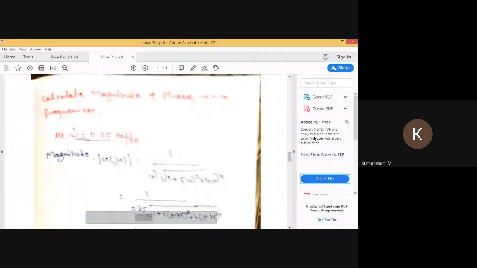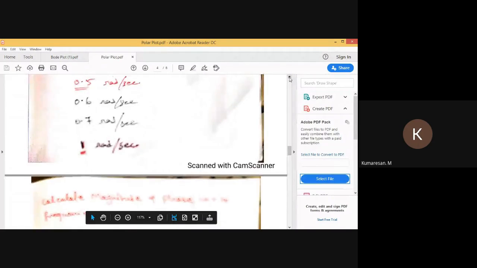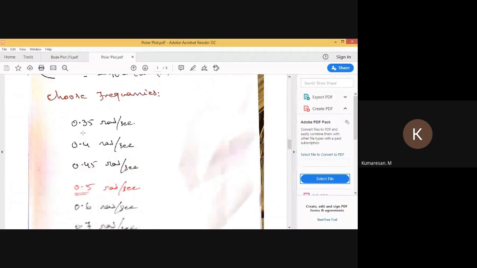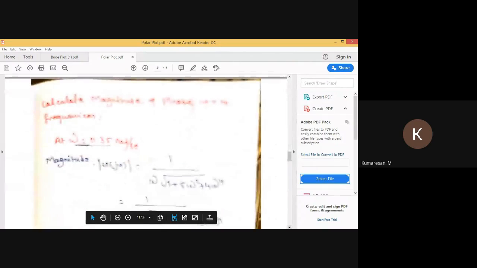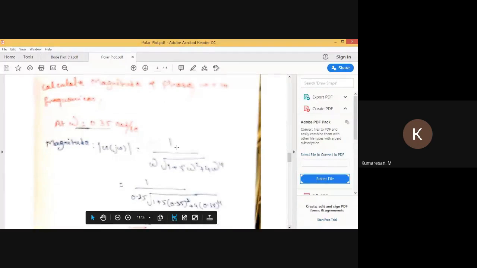Our first frequency is omega equal to 0.35 radian per second. So we put that value. First you find out the magnitude. Already we know the equation for magnitude: 1 divided by omega root of 1 plus 5 omega square plus 4 omega power 4.